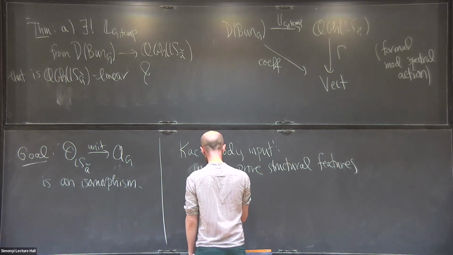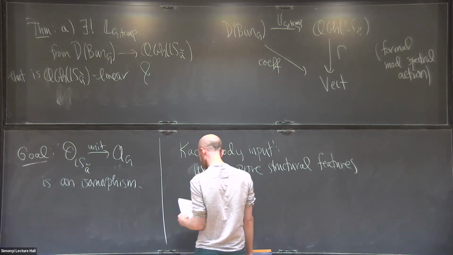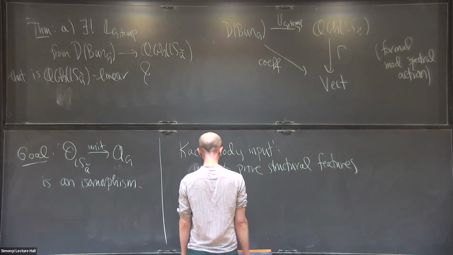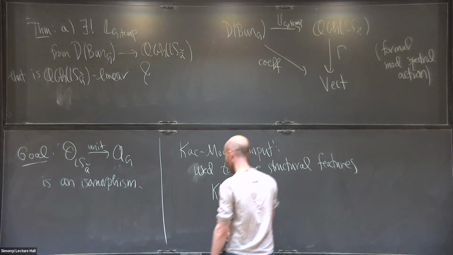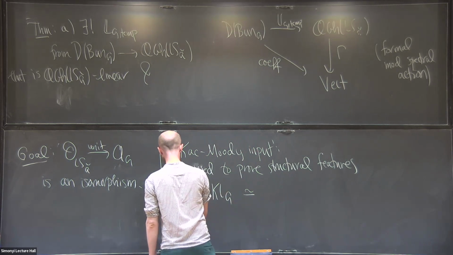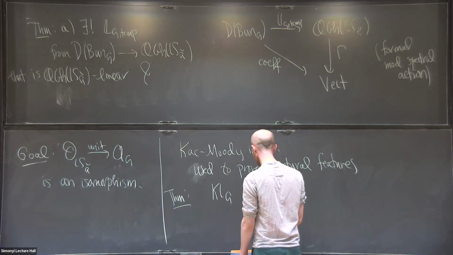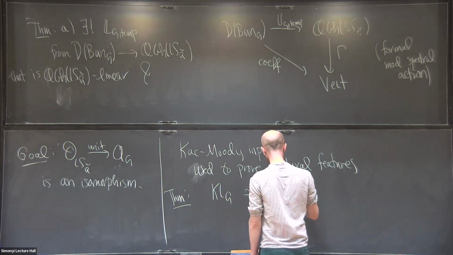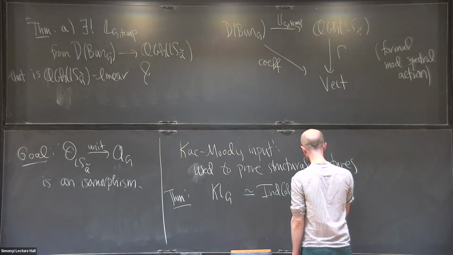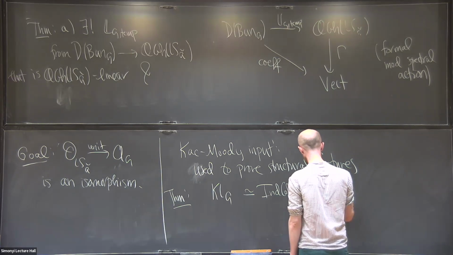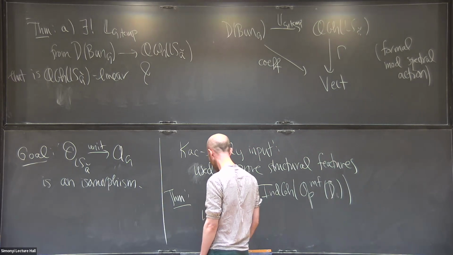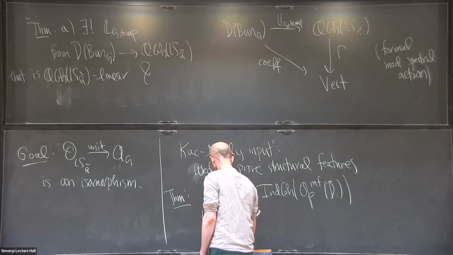So I'm going to write down this first commutative diagram. The first theorem that we're using in order to do this is that there's this Kac-Moody category, which is equivalent to the category of what are called monodromy-free opers on a formal disk. This is the functor of Kac-Moody localization that I just mentioned.